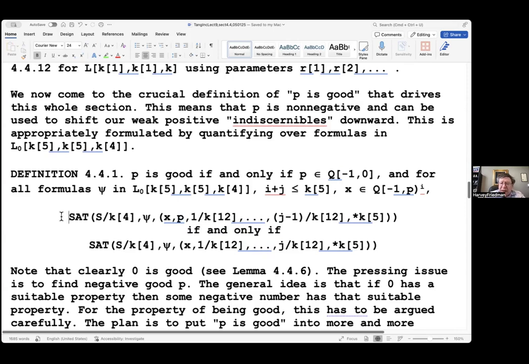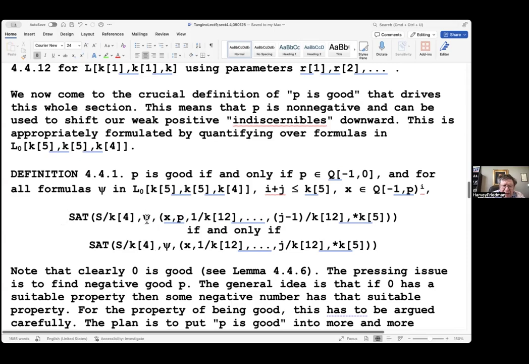So it turns out that being good is somewhat difficult to prove; it takes some work to prove that there are these good P. It's fairly clear that 0 is good. I actually set it out as a little lemma, but it's pretty clear, because all that would mean is I can shift 0 through j minus 1 of these all the way up to 1 through j, and that's exactly what's given by the original statement I'm reversing, except not quite in this context.